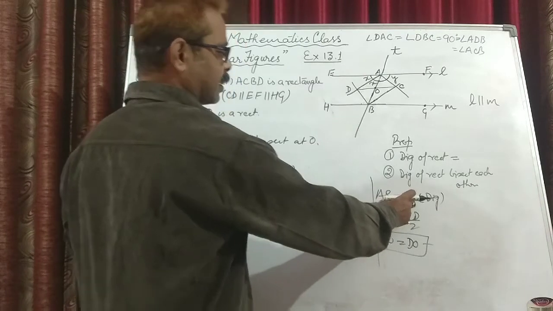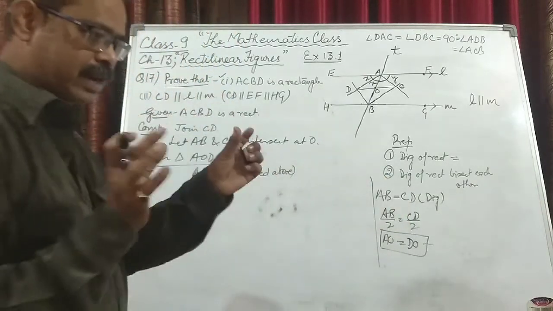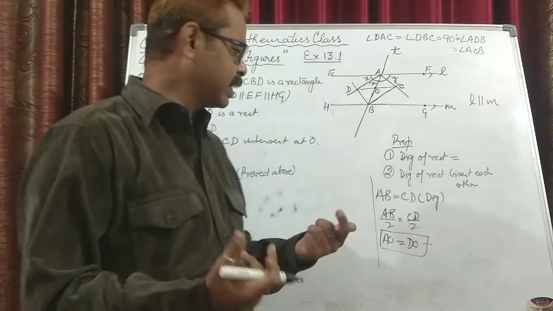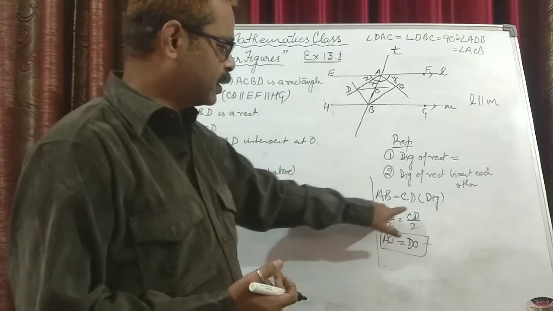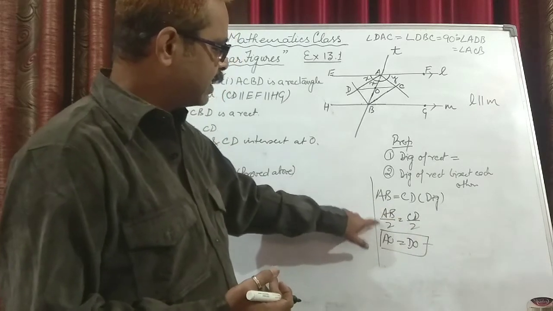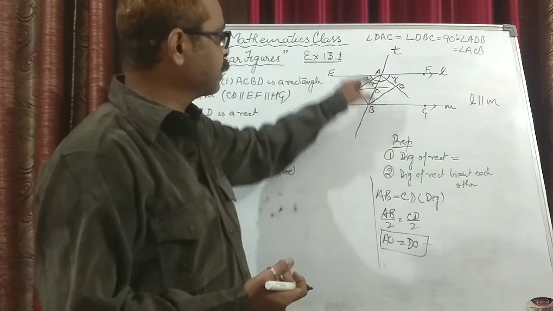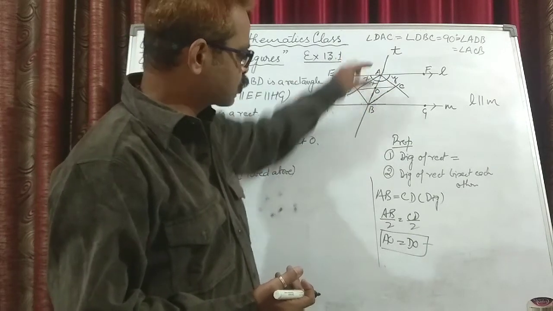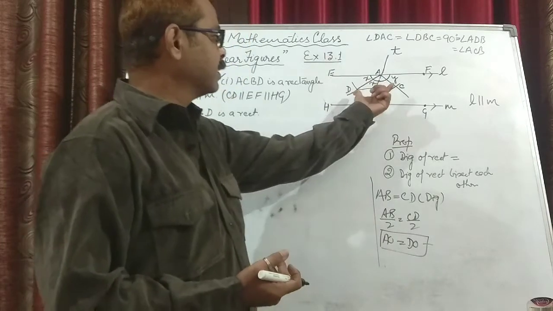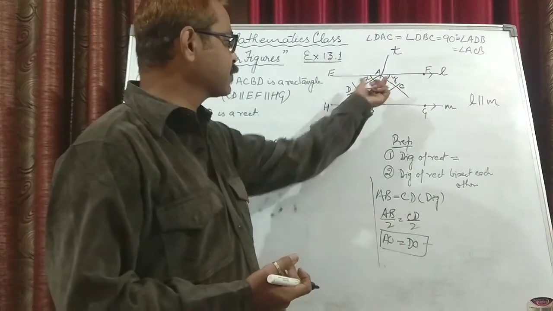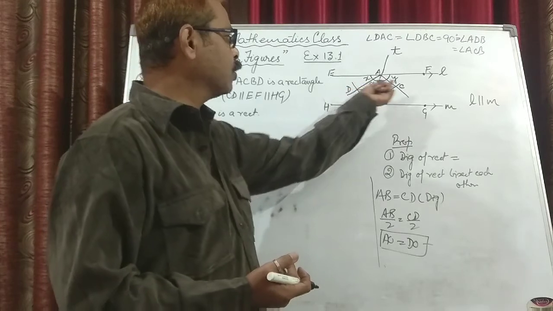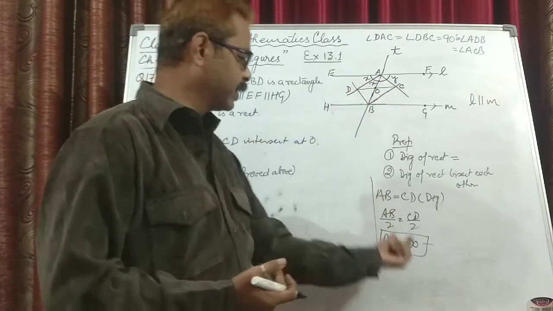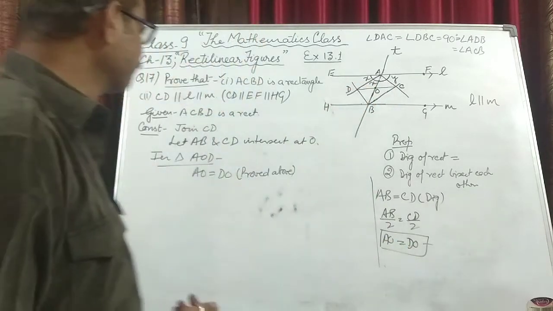If the complete things are equal, then it's obvious that their halves are equal. So half of AB will be equal to half of CD. Now half of AB can be considered as either AO or OB, but I require AO, so I have written AO. And half of CD can be considered as DO or OC, but I require DO, so I have written DO. So AO is equal to DO.